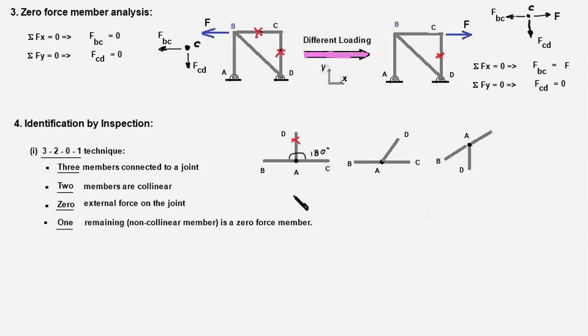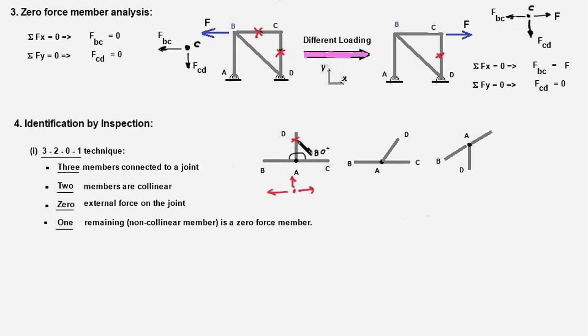When we draw the FBD of joint A, the forces would be like this. This force will be equal to this force, that is, the force in member AC would be equal to the force in member AB, and this is the force in member AD, and summation of forces in this direction will give this force equal to 0.